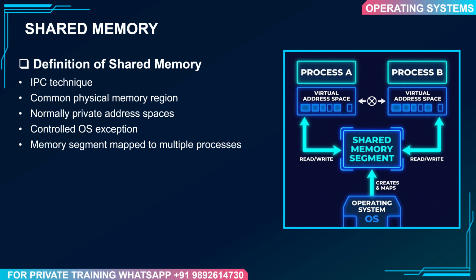A process cannot directly read or write another process's memory. Shared memory is a controlled exception to this rule. The operating system deliberately creates a memory segment and maps it into the address spaces of multiple processes. Once this mapping is done, all those processes can read from and write to that shared region.